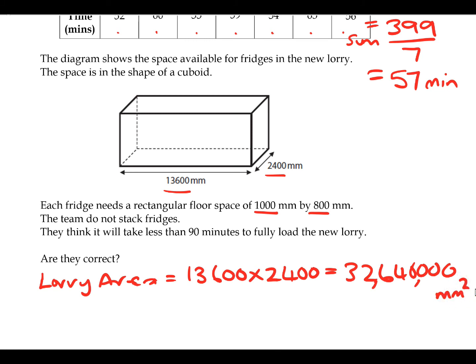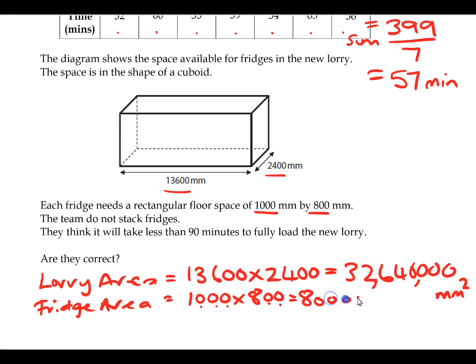Now let's look at the area for the fridge. So each fridge needs 1,000 times 800. Well, 1 times the 8 is 8, and there are 1, 2, 3, 4, 5 zeros. So each fridge is 800,000 square millimeters.